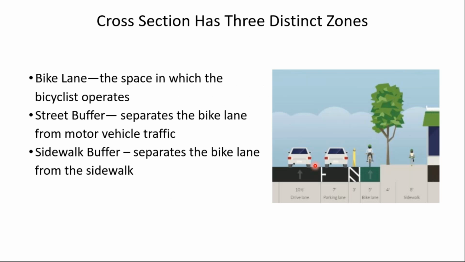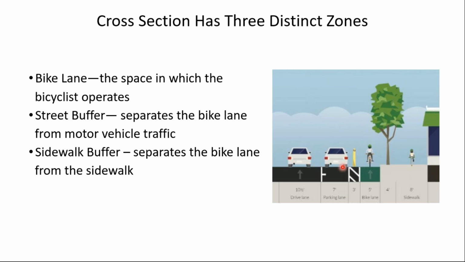So the cross section has three distinct zones. The separated bike lane, that's the space where the bicyclists operate, right here. The street buffer separates the bike lane from vehicular traffic, and here we have a couple of elements. We have these flexible delineator posts, which is the vertical element in this case, but it also looks like there's a parking lane here.